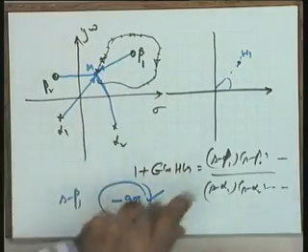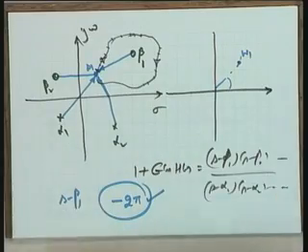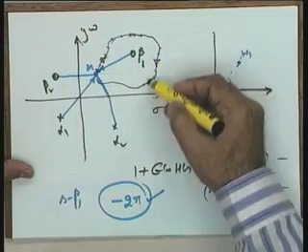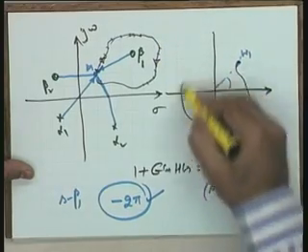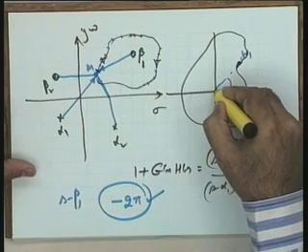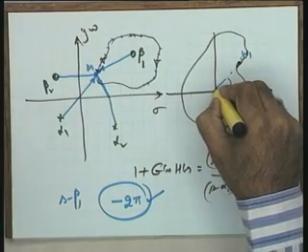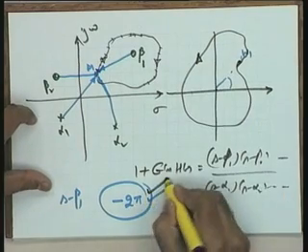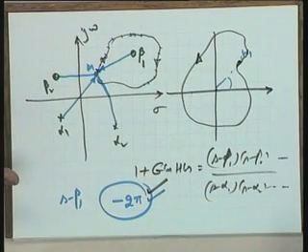So qualitatively I can say that whatever may be the shape, when you travel along this particular route, the contour is going to encircle the origin once and only once, because the angle is minus 2 pi.